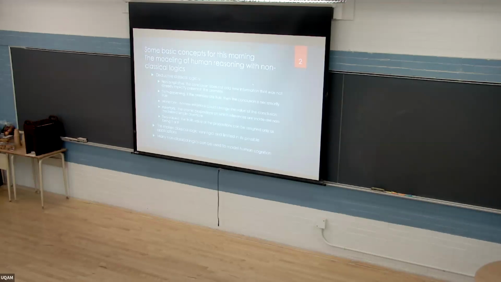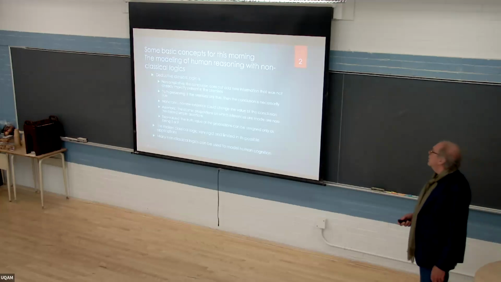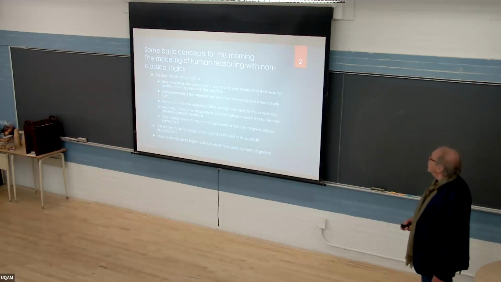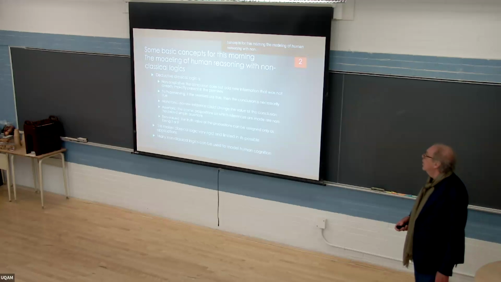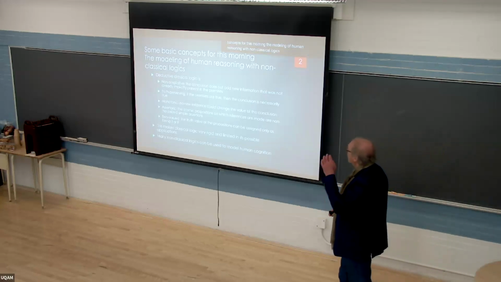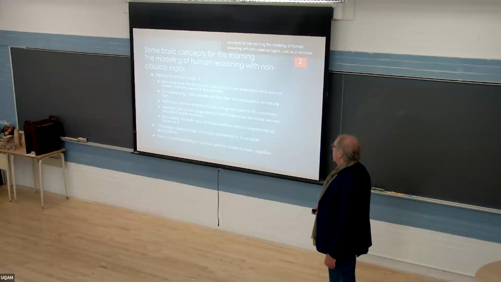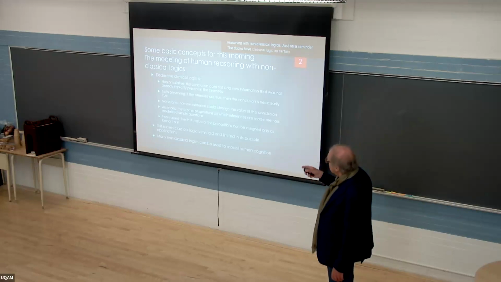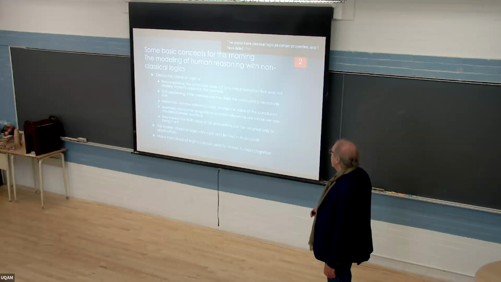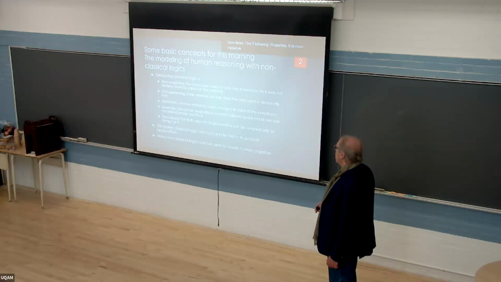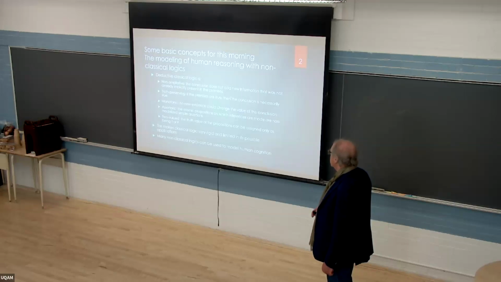Some basic concepts for this morning, the modeling of human reasoning with non-classical logics. Just as a reminder, deductive classical logic has certain properties, and I have listed the 5 following properties. It is non-ampliative. That is, the conclusion does not add new information that was not already implicitly present in the premises.